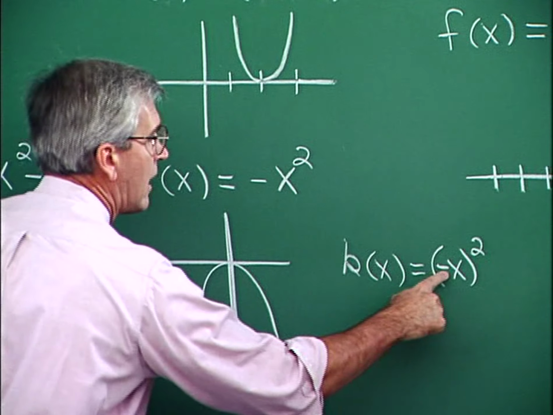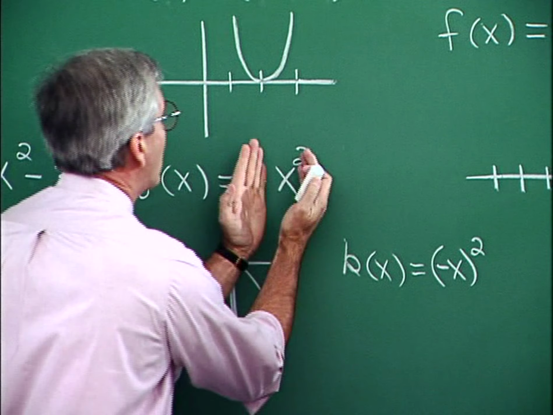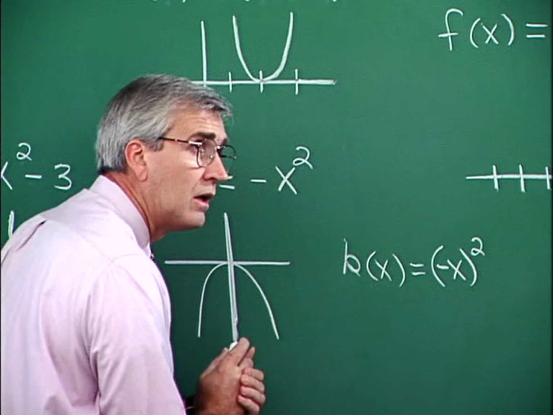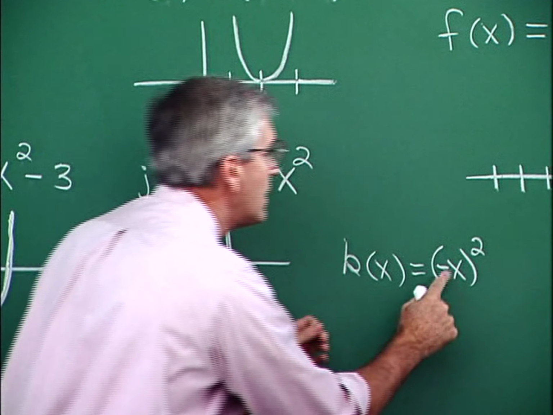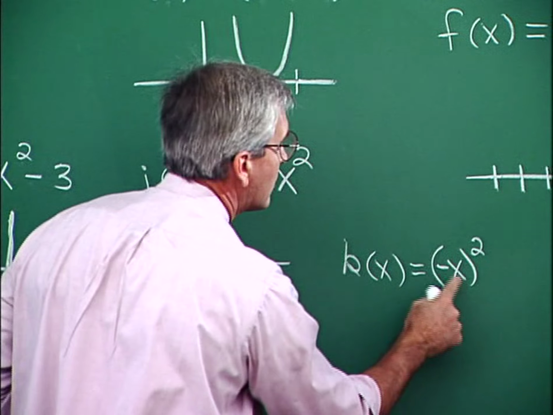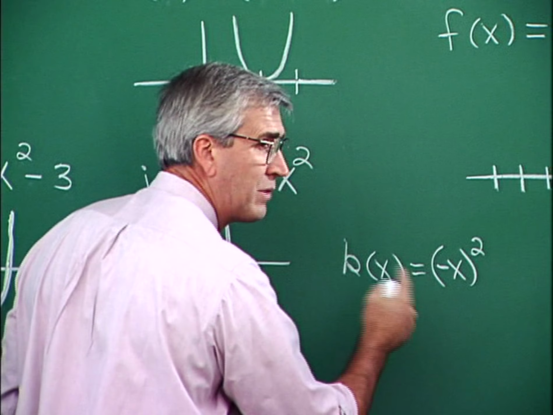You see, notice now I'm applying a negative inside the parenthesis. Here it's sort of outside an understood parenthesis. This is the negative of x squared. And this is negative x squared.